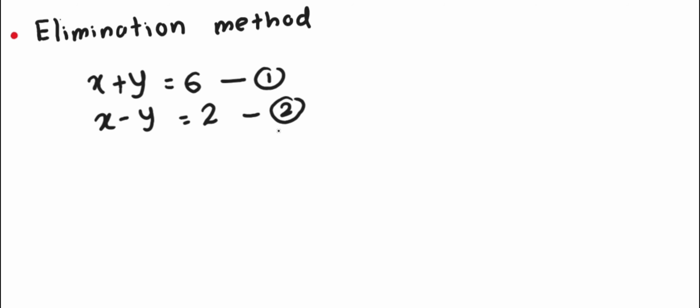First of all, when solving simultaneous equations by the elimination method, we have to decide which variable we are going to eliminate. And there is one condition which the eliminating variable should satisfy: the coefficient of the eliminating variable must be equal in both equations.